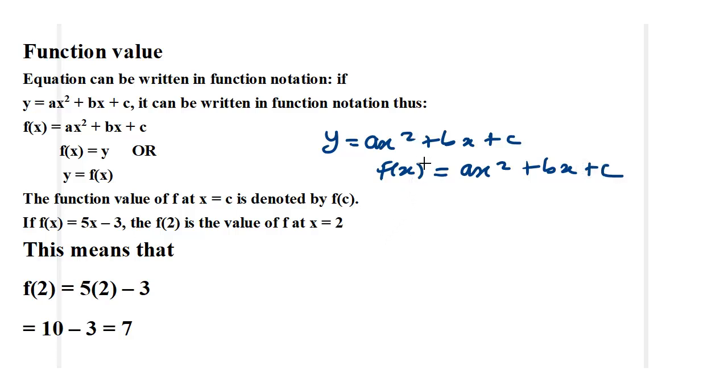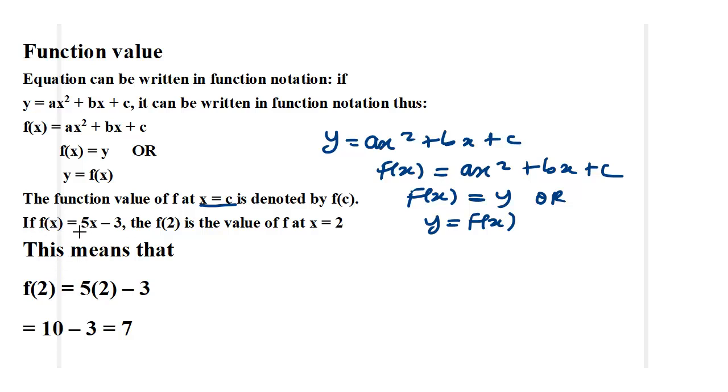So we can say that f of x is equal to y, or y is equal to f of x. Don't forget that y represents the output, which is the range, and x represents the input. The function value of f at x equals c is denoted by f of c. What do I mean?